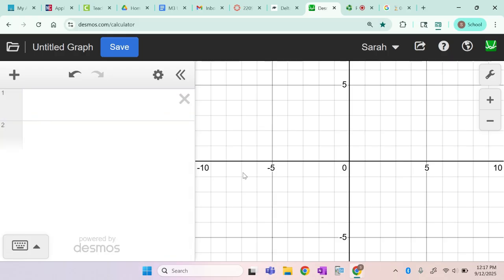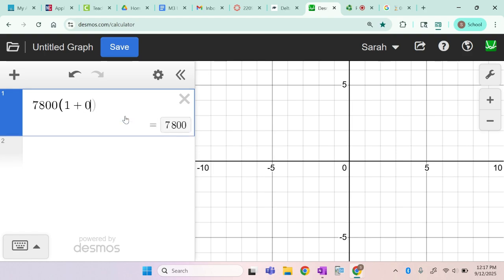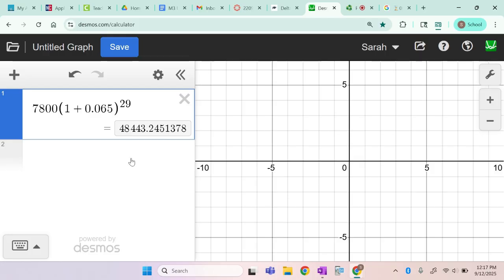So I have 7,800. It'll help if I clicked it. 7,800 times 1 plus 0.065, all raised to the 29th power. So this number, and I know I wrote over it, but it should be $48,443.